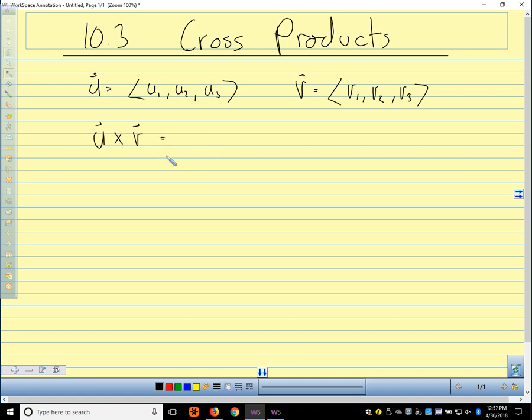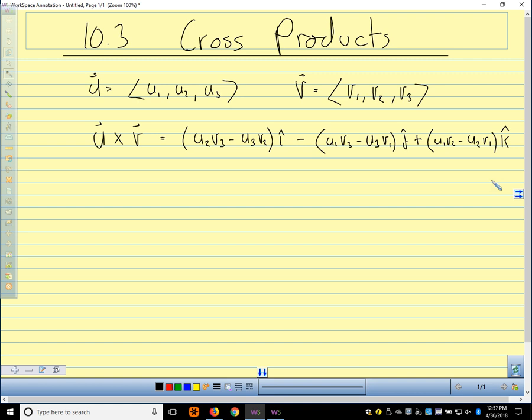It's this thing that looks kind of complicated: (u2 v3 minus u3 v2) i hat minus (u1 v3 minus u3 v1) j hat plus (u1 v2 minus u2 v1) k hat.